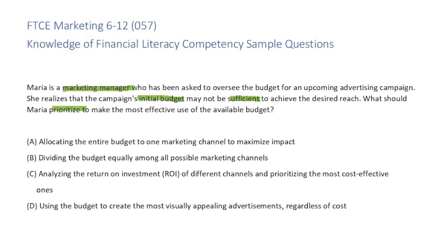In order to make the most effective use of a limited budget, Maria should focus on marketing channels that provide the highest ROI. This approach ensures that the campaign delivers the greatest possible impact relative to its costs, rather than spreading the budget too thinly or focusing on aesthetics over effectiveness. Therefore, answer choice C is definitely the best answer choice for this question.